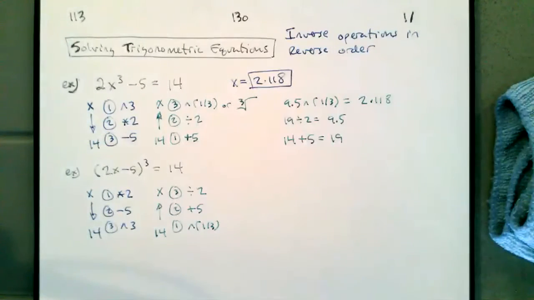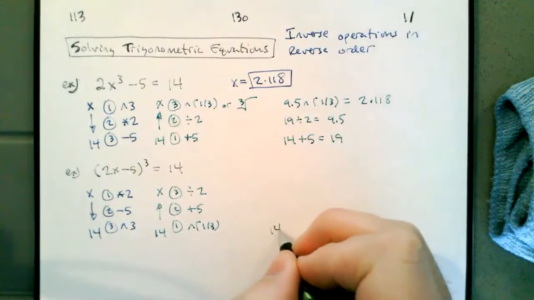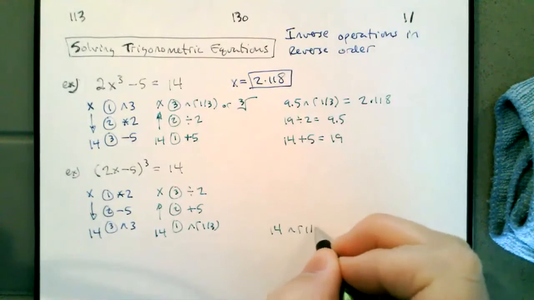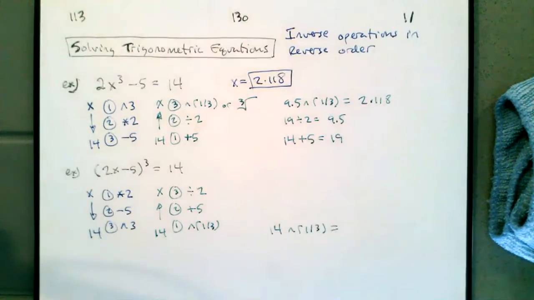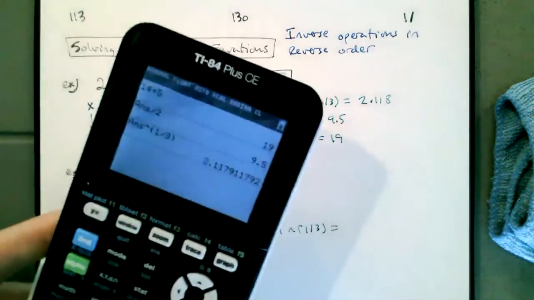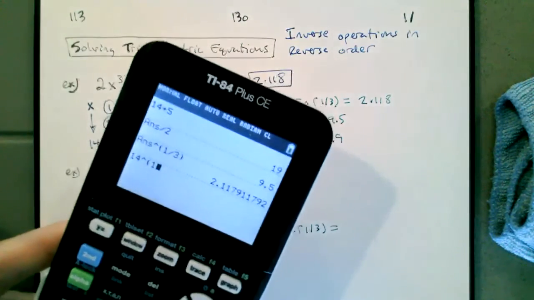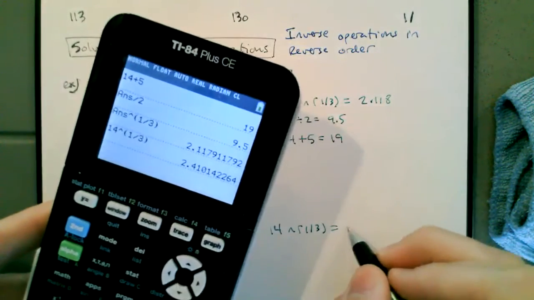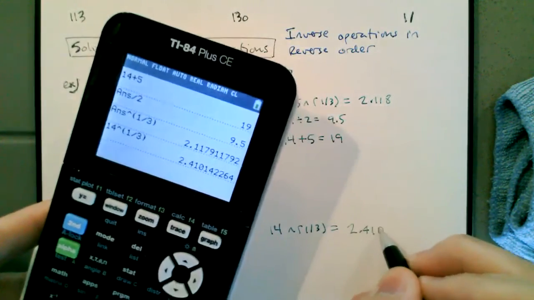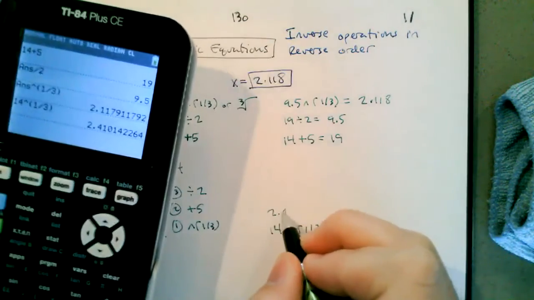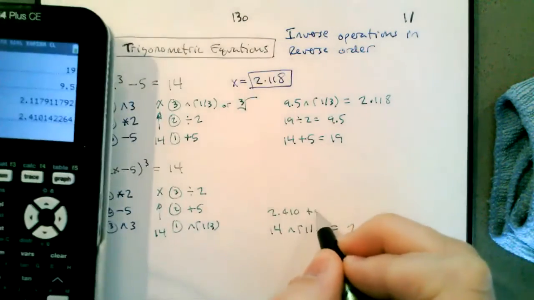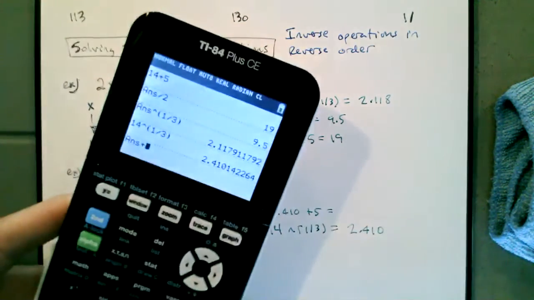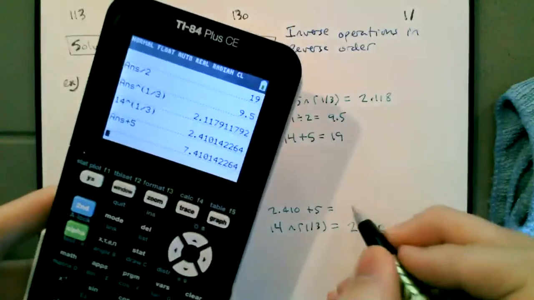So we start with a 14, and we raise to the 1/3 power. Going to need the calculating machine right away for this. 14 to the 1/3 power is 2.410. And then we'll take the 2.410 and we'll add 5 to it. 7.410.